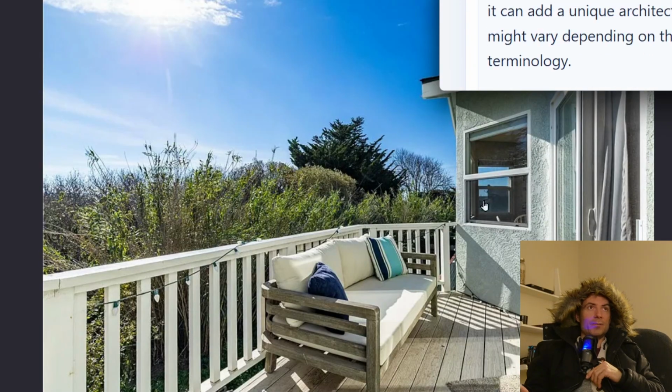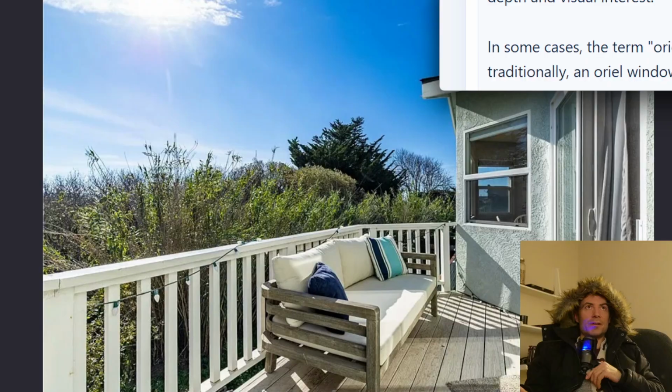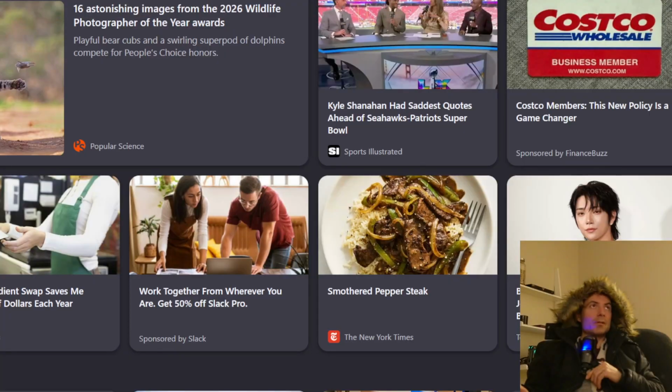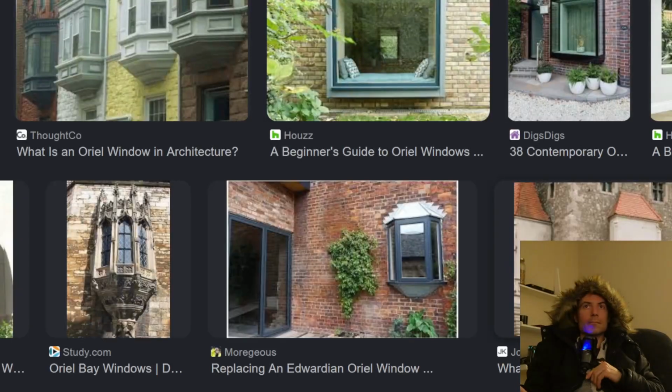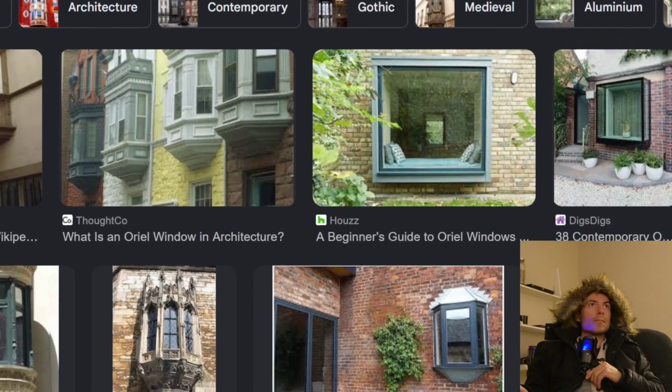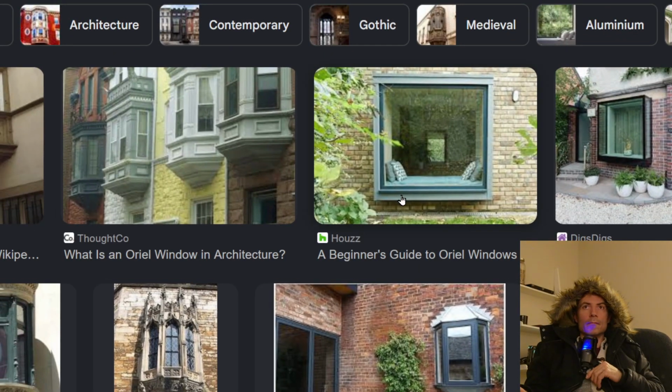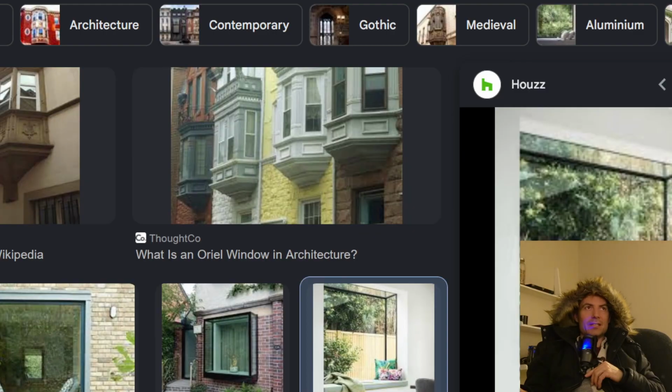Looking at this, what is this called? This is called an oriel window. Let's see some other examples of that. That's not an oriel window, but it is nice.